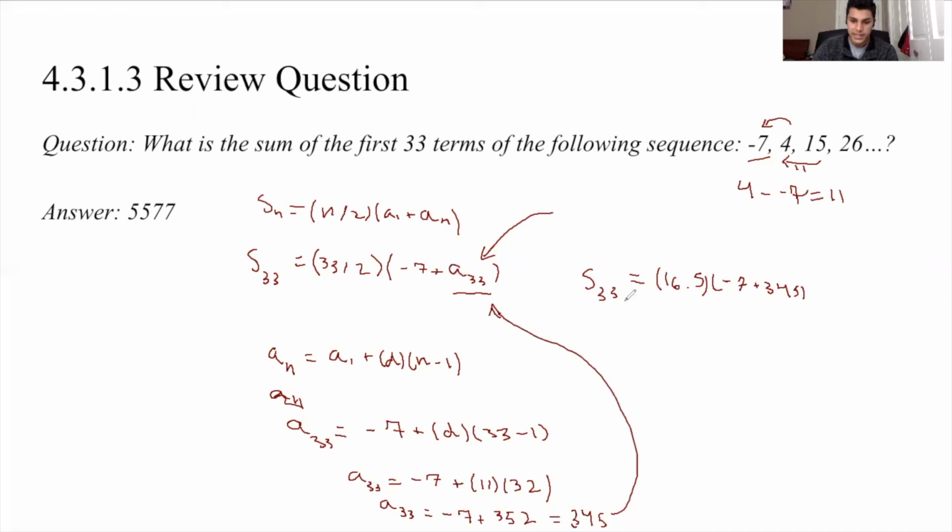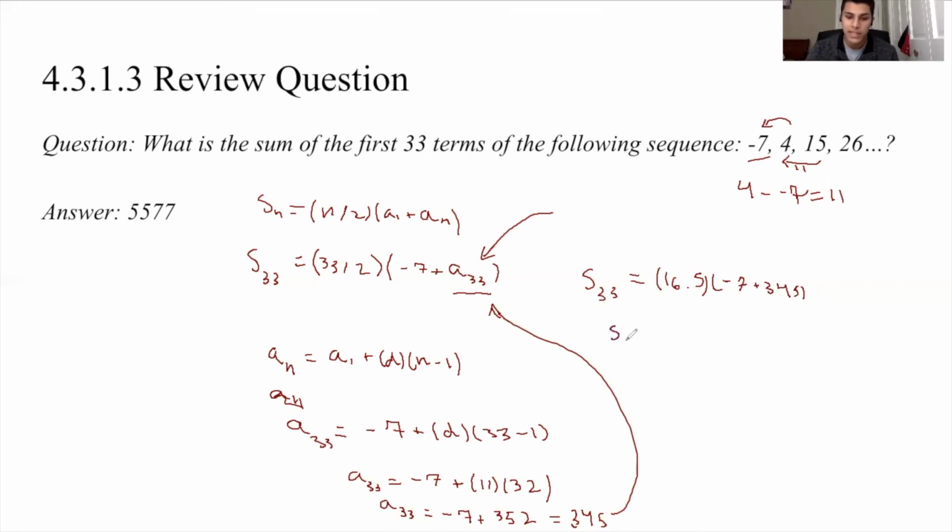You could also write 16.5. You're just going to have to learn how to multiply those. And you're only going to get halves when you're using this formula. So in your calculator, 1/2 is equal to 0.5. So if you divide 33 by 2 and get 16.5, you can just enter that into your calculator like that, and it will evaluate it correctly.